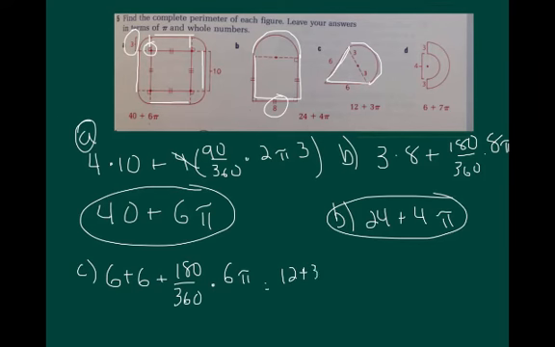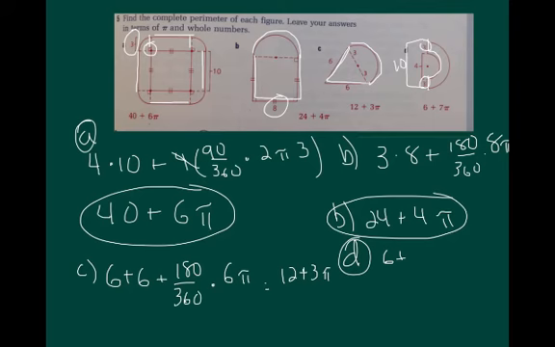And then the last one, D, see if we can fit it on here, is going to be these 2 straight portions, 3 and 3. So that's going to be 6, plus 2 semicircles. The first is going to have a diameter of 4, and the second one's going to have a diameter of 4 plus 3, or 10.